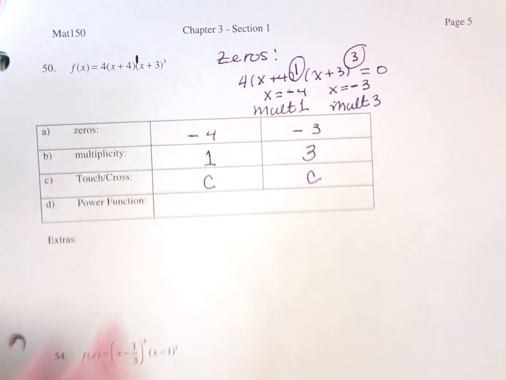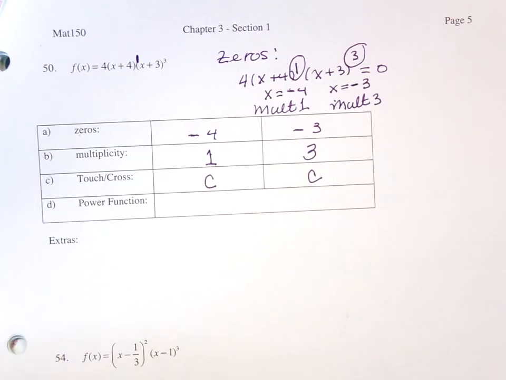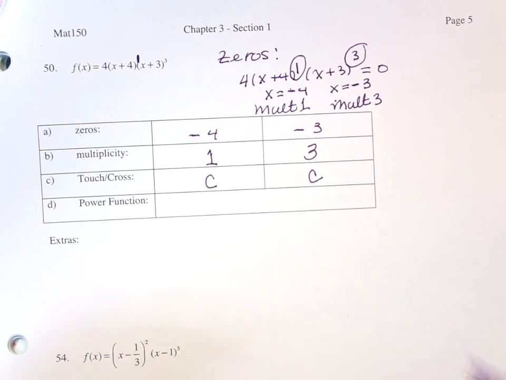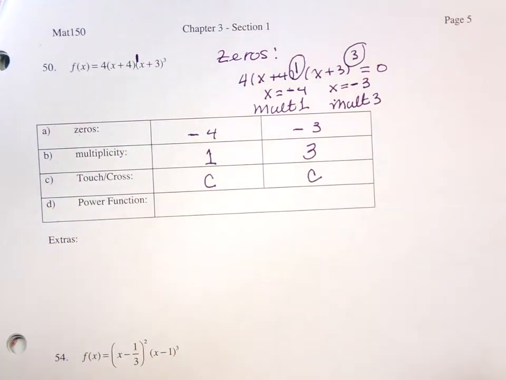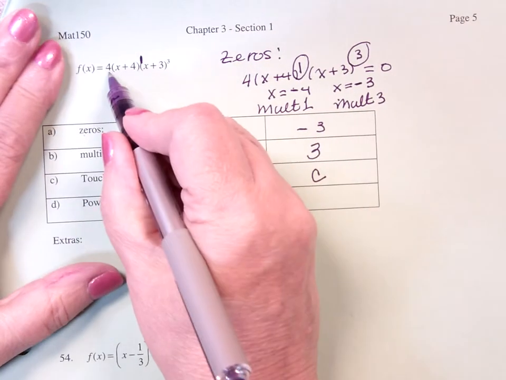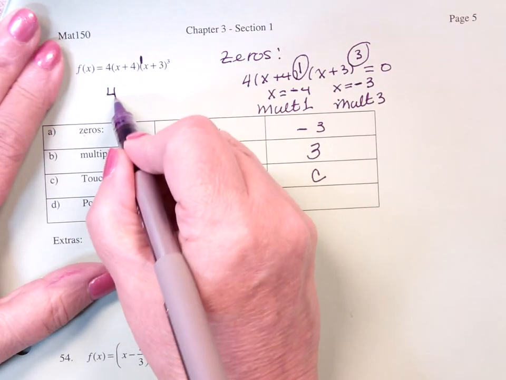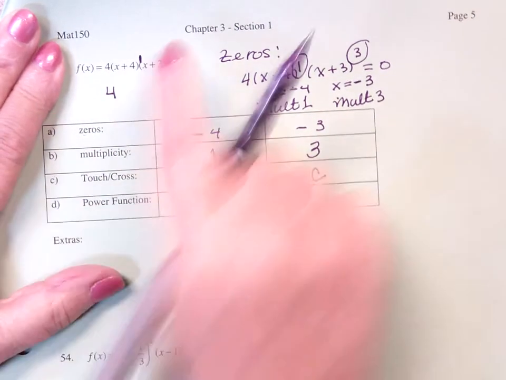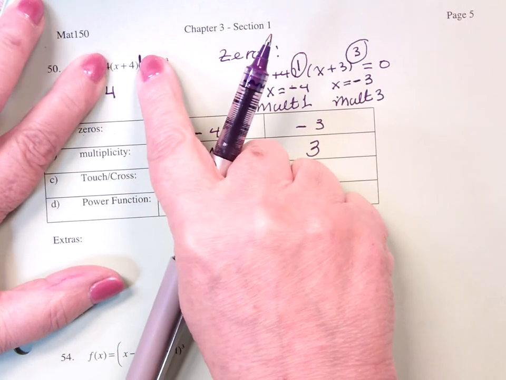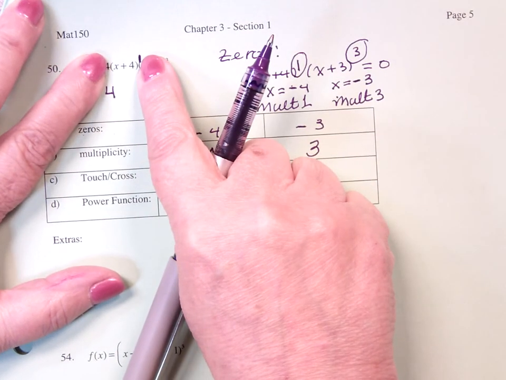Now what's the power function? Now the power function is the guy who is in control. He's the controller of it all. The power function is gotten by leading coefficient is 4. What's the highest power of x that comes out of x plus 4 to the 1 power? X to the 1.